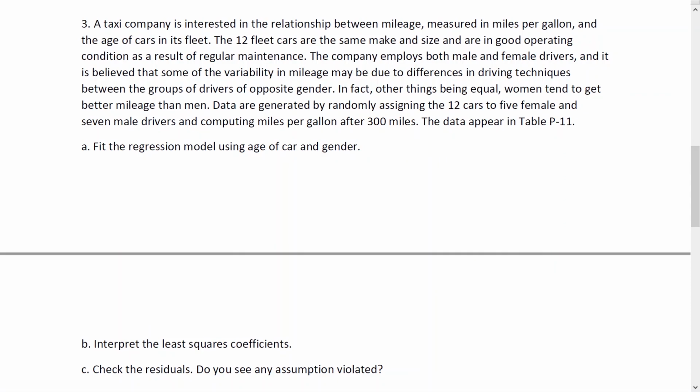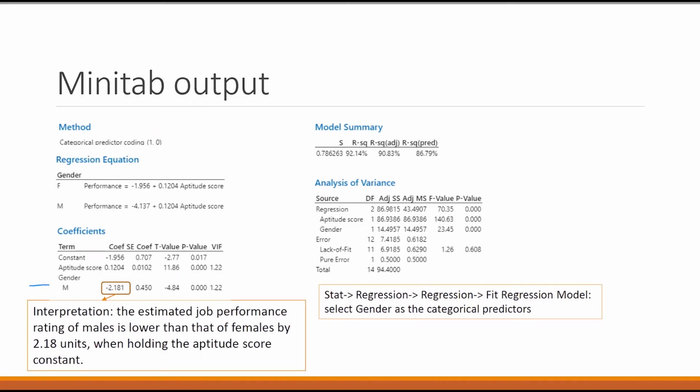So here I have the Minitab output for what we just had. One last comment I have is how to interpret the coefficient for gender. After all, it's a dummy variable. This dummy variable represents male, meaning for males it takes the value of 1, for females it takes the value of 0. And the coefficient is negative 2.181. What does it mean?